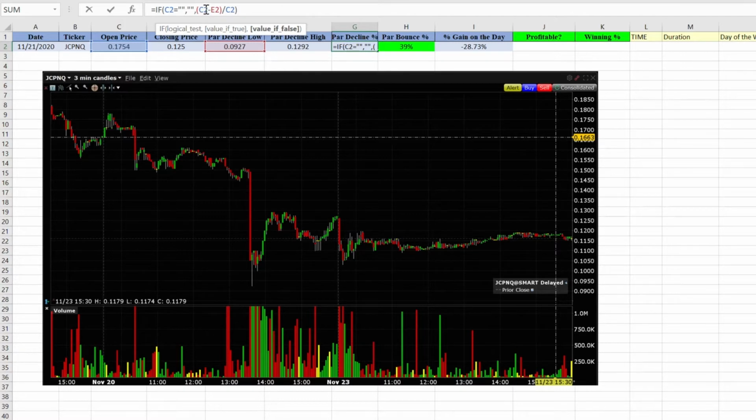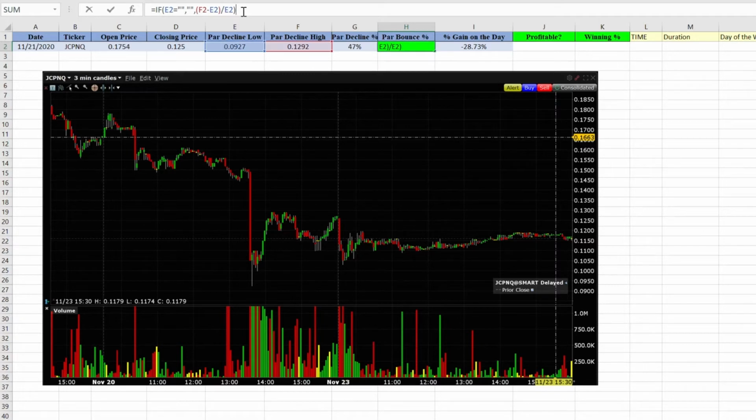Otherwise, take the open price minus the parabolic decline low, so open price here minus the parabolic decline low here, and divide it by open price. So that's how you get the parabolic decline percentage relative to the open price.